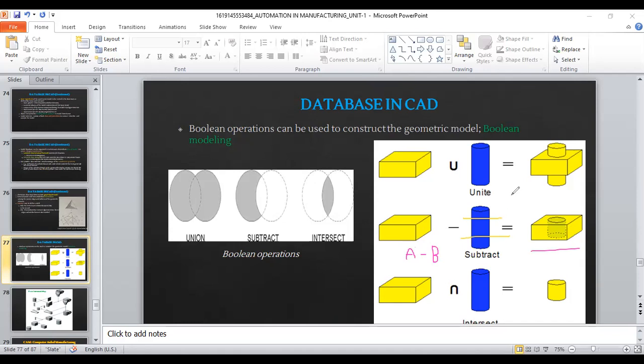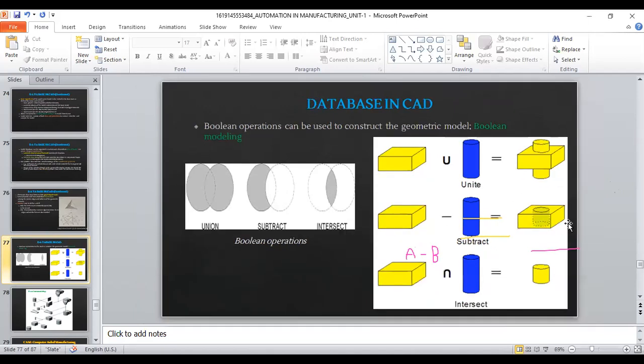If it is A intersection B, okay, like this, that is A intersection B. So you have only the part which is common to both of these. Where are they interfering? We can say one way to define it is, how are they interfering?